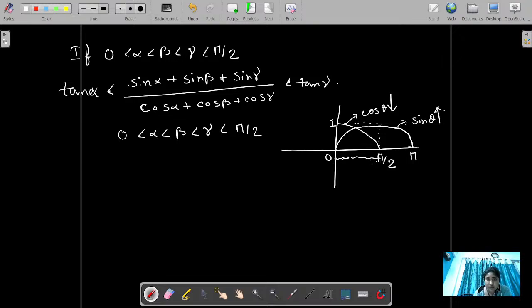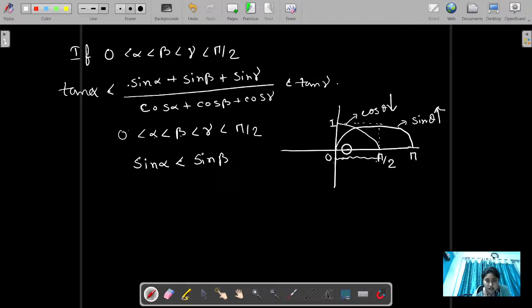In this interval, if we observe the graph, we can easily say that sine alpha is increasing. If beta is greater than alpha, that means sine alpha will also be less than sine beta, as per the graph you can see.